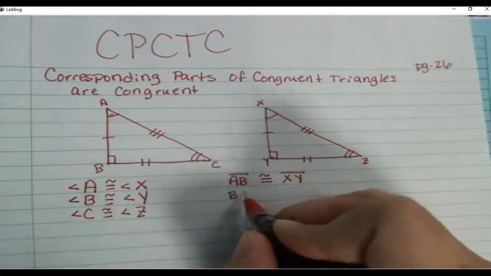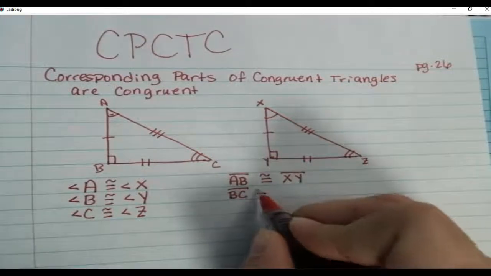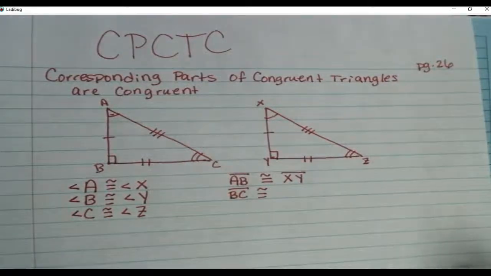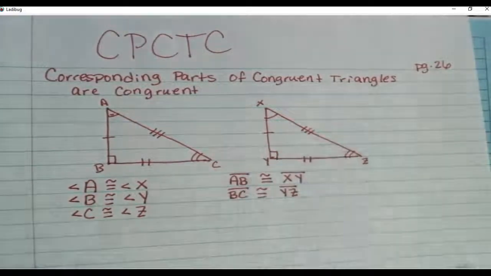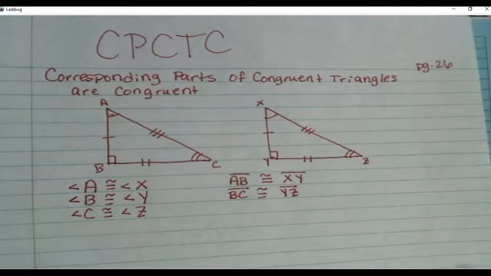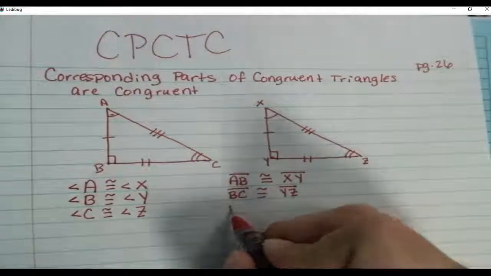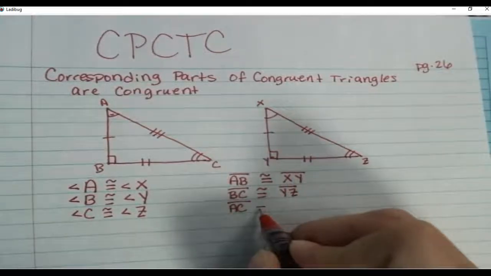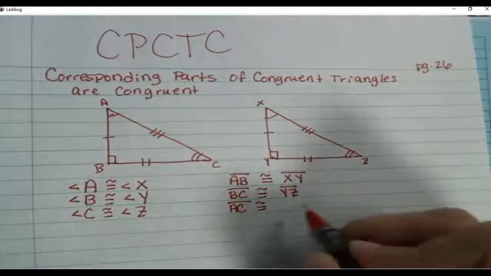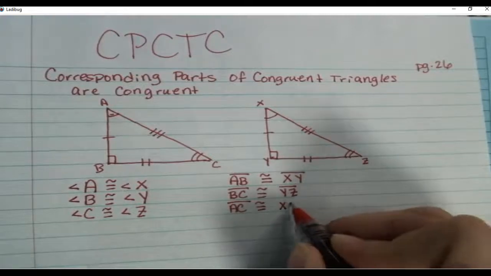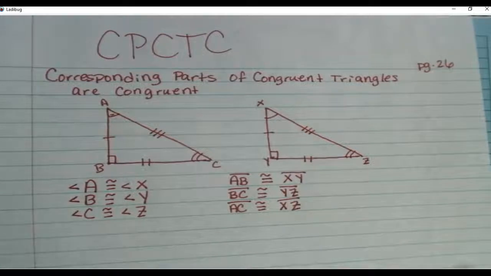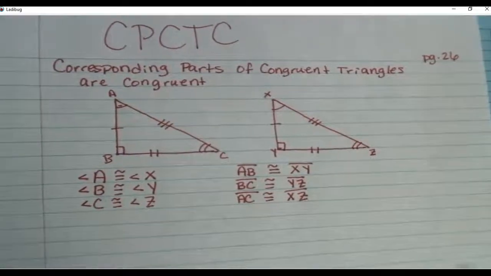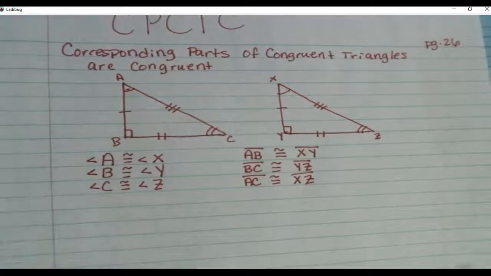And BC is congruent to good, YZ. And our last one, AC, is congruent to good, XZ. Questions?